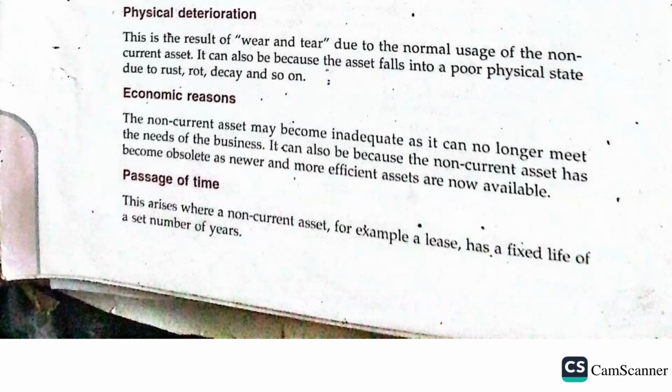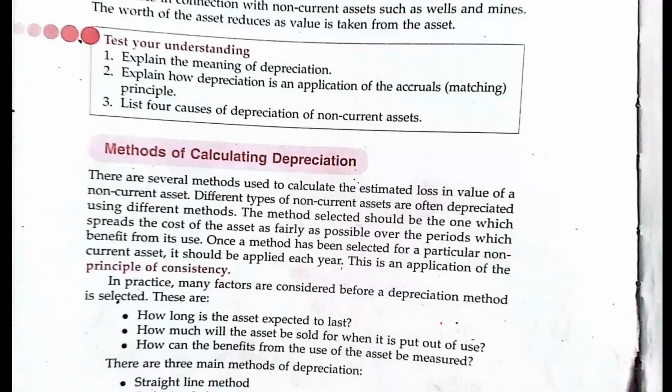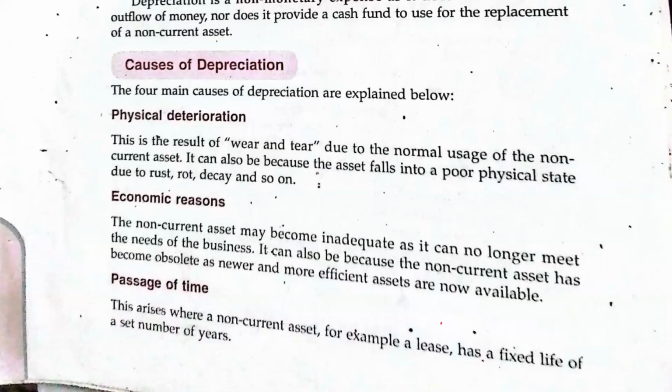The other cause could be the passage of time, yeah? It arises when a non-current asset, for example, a lease, has a fixed life of a certain number of years. Because the non-current asset has got a set number of years, for example, an operating lease, you can say this lease shall be in operation for a period of time, let's say 10 years.